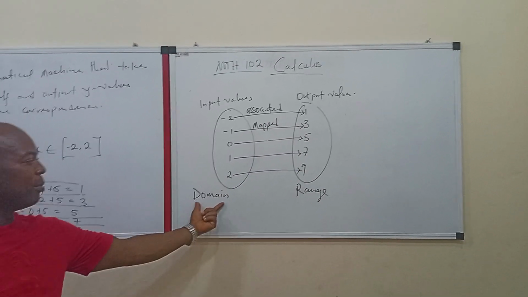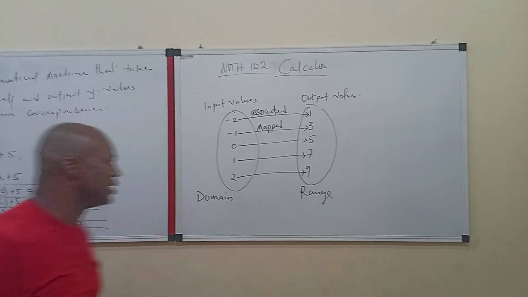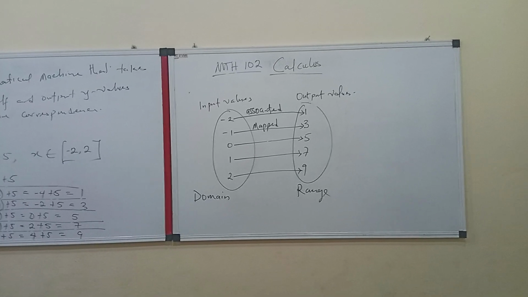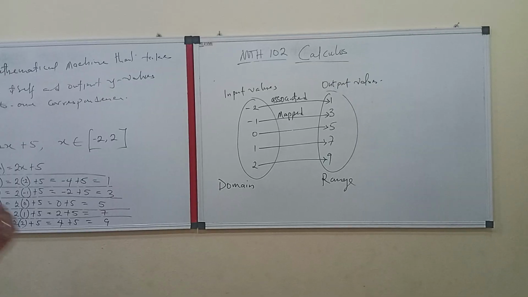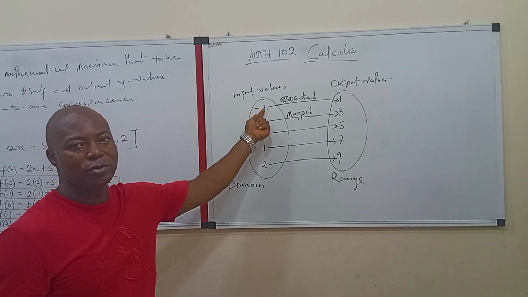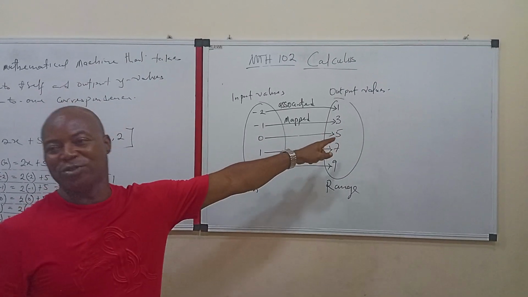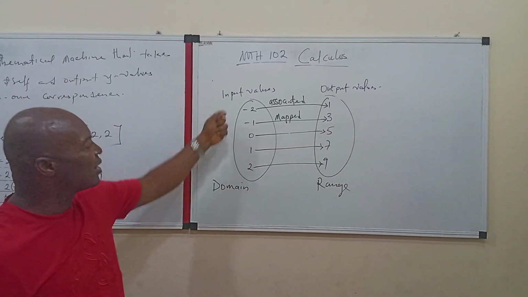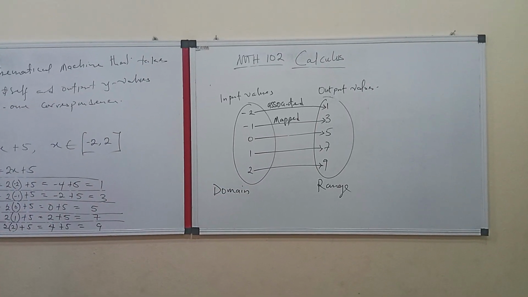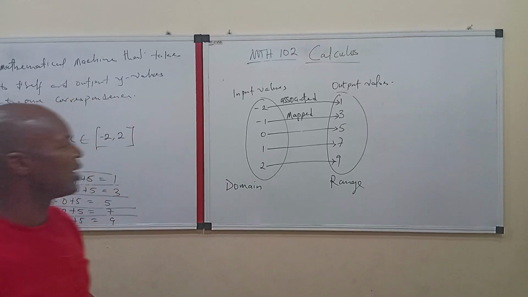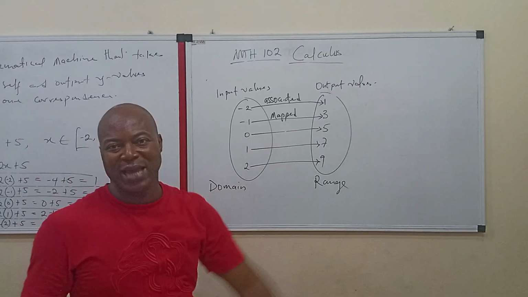Now, these are the domain values, and these are the range values. Based on what we have here, you can see that to every domain value, there is a corresponding range value. So this one that we have here is a function, and all the domain values are mapped out.